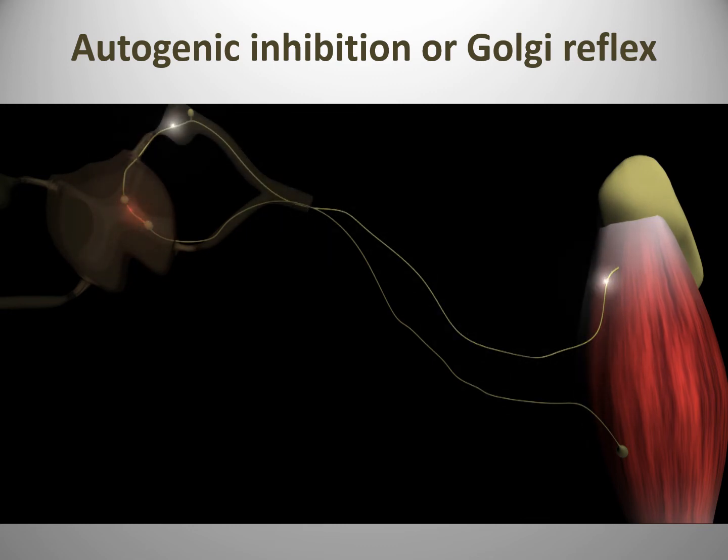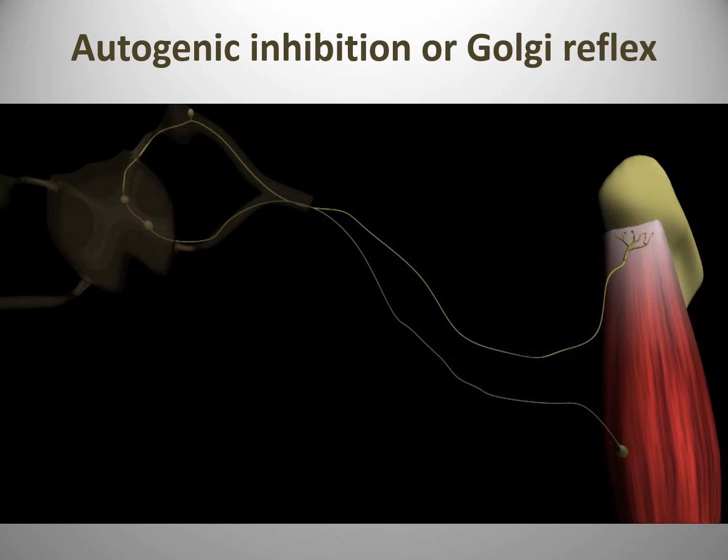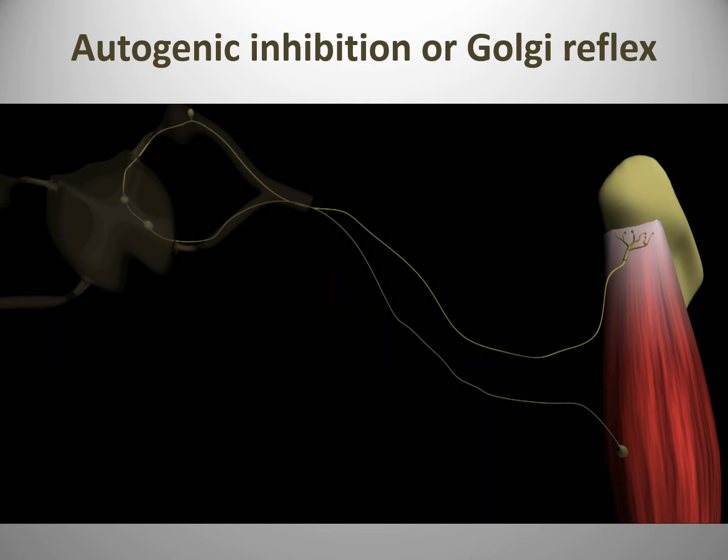The inhibitory signal prevents the alpha motor neuron from further stimulating the muscle. Therefore, the muscle suddenly relaxes, alleviating the tension in the tendon and preventing potential damage to it and to the muscle.